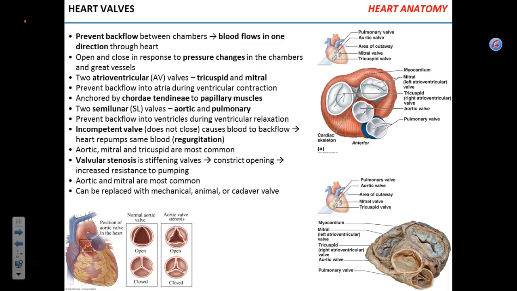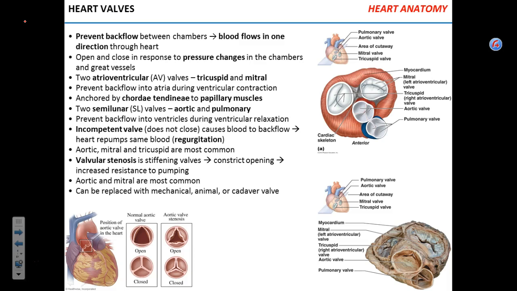It doesn't, at this point it's going to go forward and at this point it's going to go backward. If it happens, it's a big problem. What opens and closes the valves? The pressure. If pressure in one chamber or one part is higher than pressure in another, the valve will open or close depending on the pressure relationships.